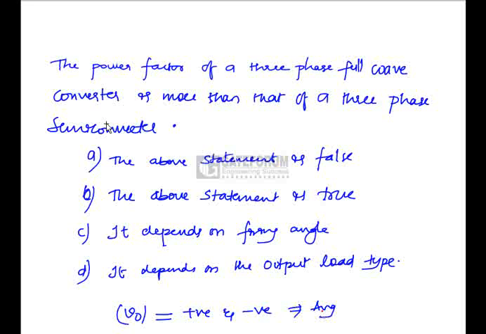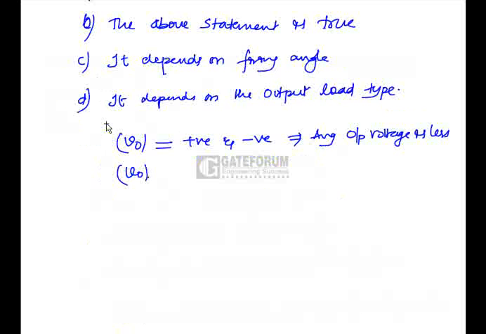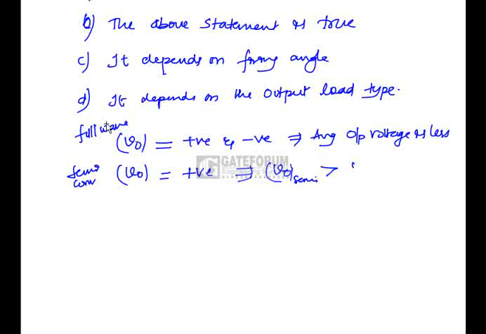That average output voltage is less. What about semi-converter? V0, this is for full wave and this is for semi-converter. For semi-converter, output voltage is always positive. When compared to full wave, V0 semi-converter will be more than that of V0 full wave.